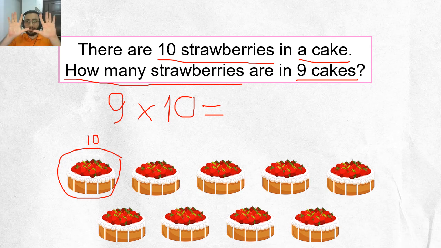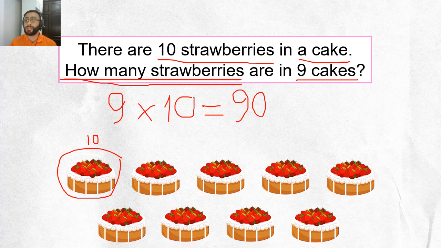1 10 is 10. 2 10s, 20, 30, 40, 50, 60, 70, 80, 90. So the answer is 90. But 90 what? Let's look at the question. How many strawberries?